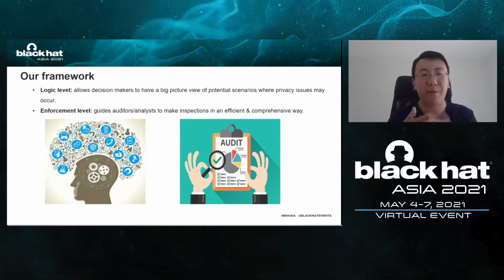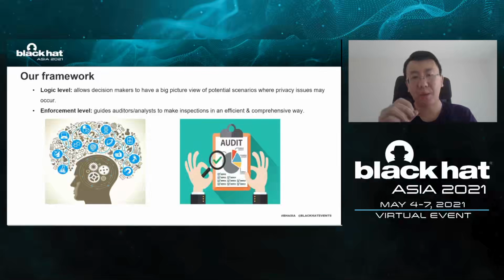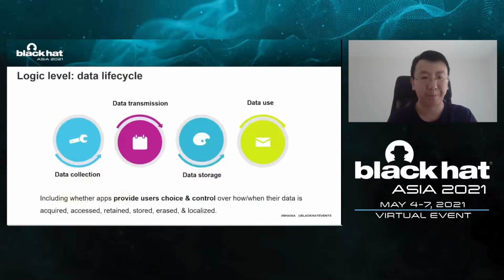We give information to the decision makers or managers, to let them have a big picture about the potential scenarios where privacy issues may occur. And meanwhile, we give enforceable guidelines to the auditors and analysts for them to make inspections in an efficient and comprehensive way.